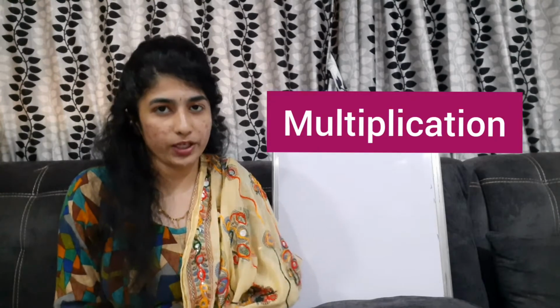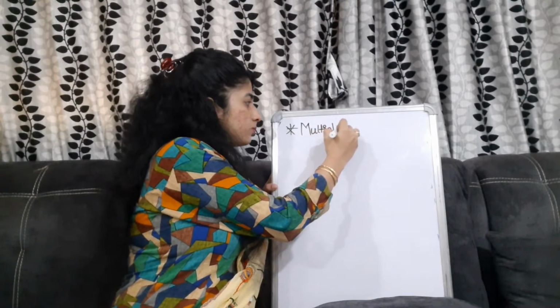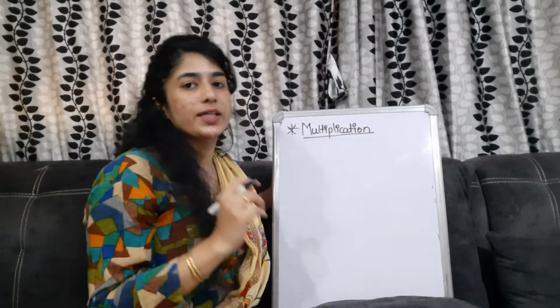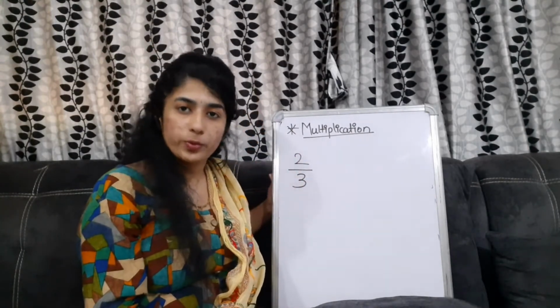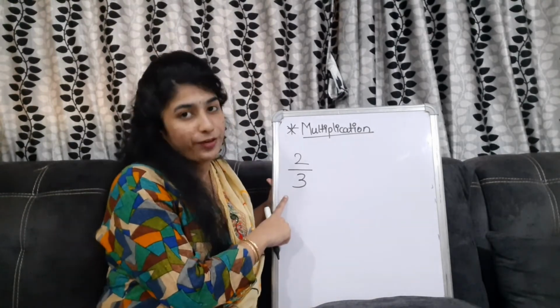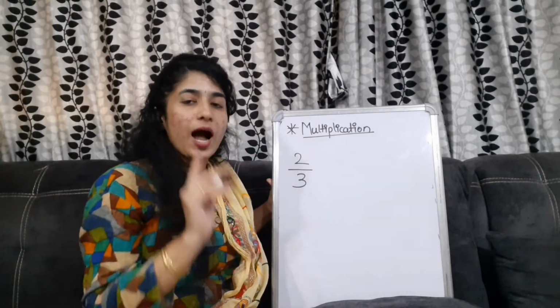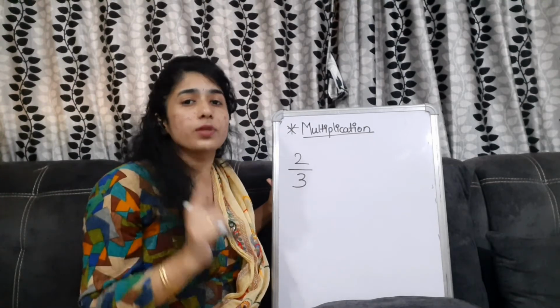Okay, first I'll focus on how to find the equivalent fractions by multiplication. So I am taking the example of 2/3. I want to find two equivalent fractions for this fraction through multiplication. So what I'll do, I'll multiply both numerator and denominator by the same number.